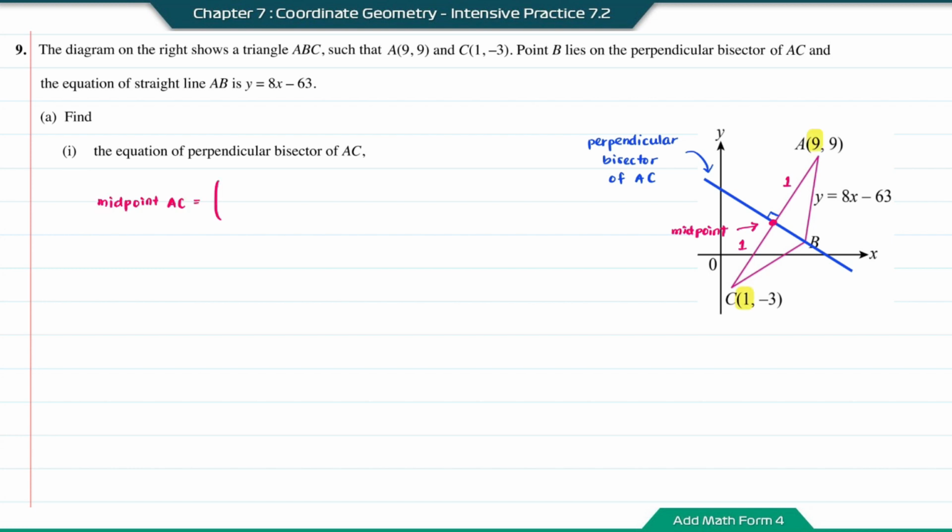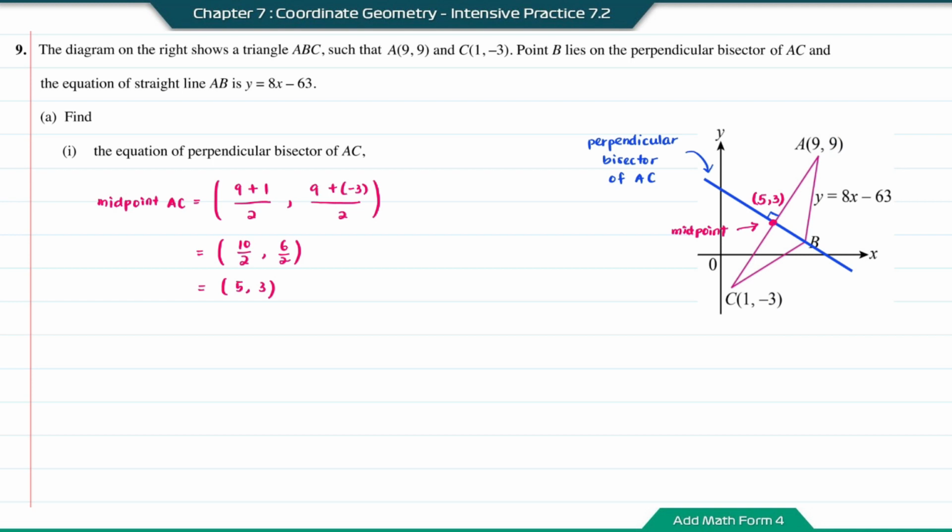The x coordinate will be 9 plus 1 divided by the total ratio, which is 2, and for the y coordinate, it will be 9 plus negative 3 divided by 2. This is equal to 10 over 2 and 6 over 2. Simplify this, the midpoint of AC is (5, 3).